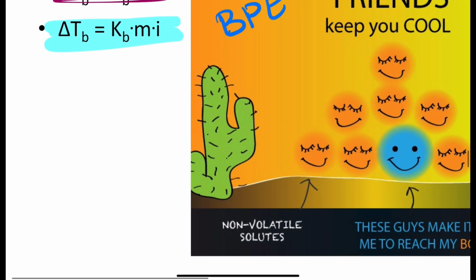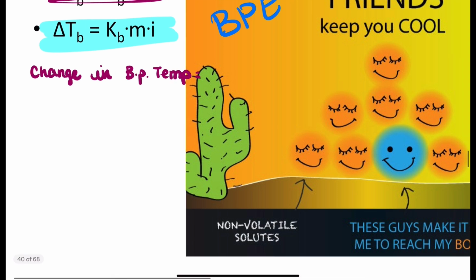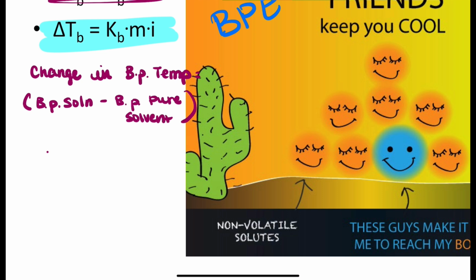What do these mean? This means that the change in boiling point temperature, which will be your boiling point of solution minus your boiling point of the pure solvent, is equal to KB, which is your boiling point elevation constant, times m, which is your molality.